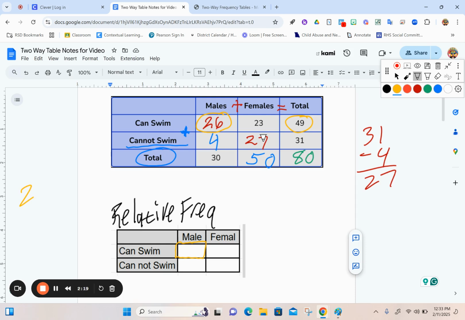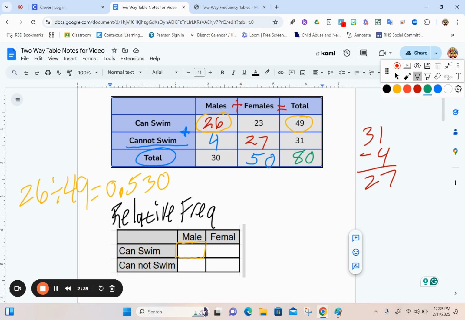So 26 divided by 49. That's going to give me, I'm going to write down 3 decimals, 0.530. I'm not going to round or anything, just write down the first 3.